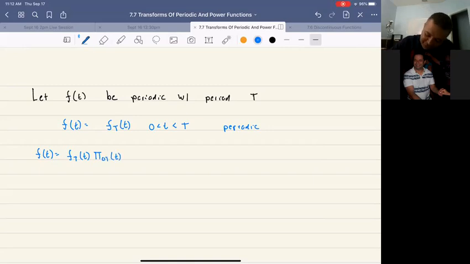Then next, it's going to be equal to f sub T of t minus capital T. This is for the second period, so that should be from T to 2T. Plus f sub T of t minus 2T. This should be on the third period.